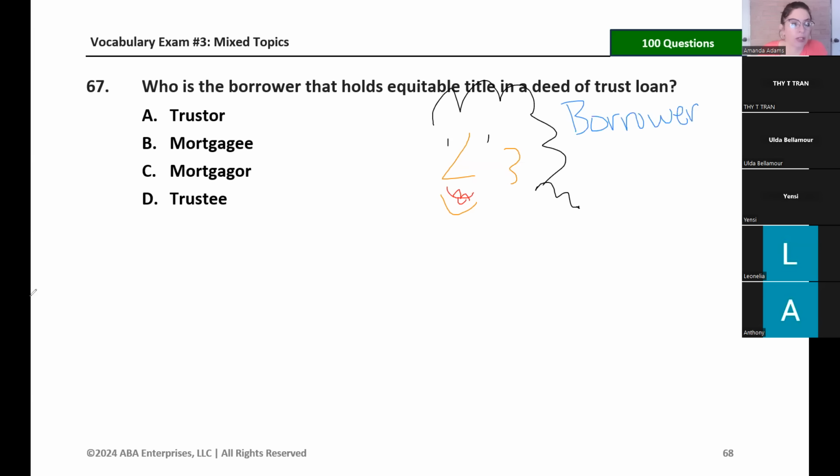And then we've got the lender. So let's say this is the lender right here. All right, here's our lender. And then we've got another 3rd-party trustee over here.